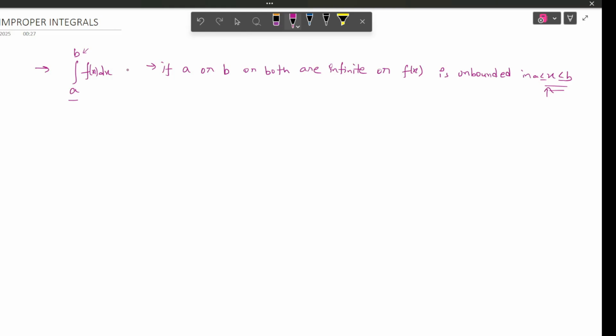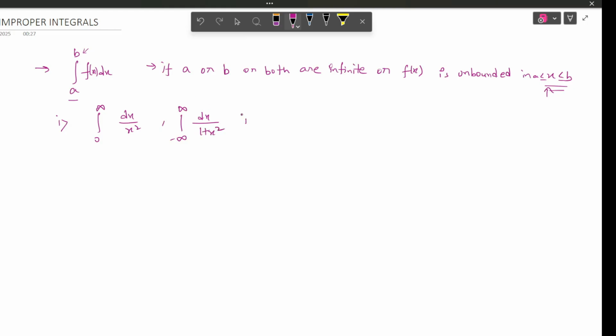Now if we see some examples, let us say we have an integral of the form 0 to infinity dx by x square, or the integral minus infinity to infinity dx by 1 plus x square.